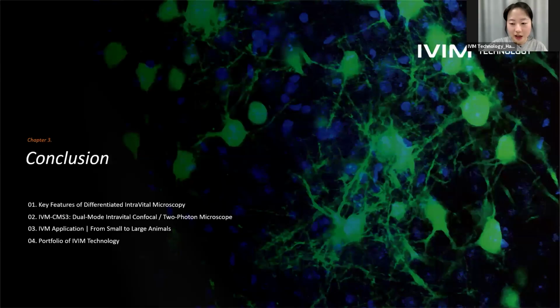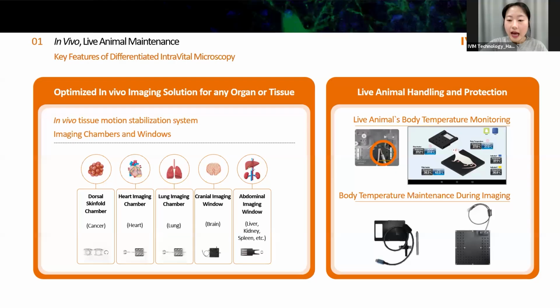Okay. To conclude today's presentation, I'd like to briefly summarize the key points we discussed. IVIM's intravital microscopy platform offers far more than single time point imaging. Through a variety of specialized windows, chambers, and organ-specific approaches, including those designed for highly dynamic organs such as the lung and heart, which I described in previous slides, we enable researchers to access regions that were previously difficult or even impossible to visualize in vivo.